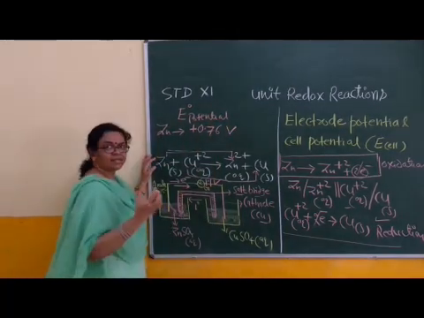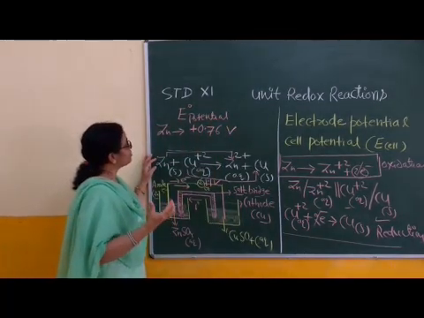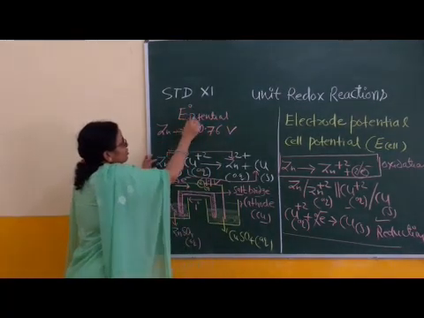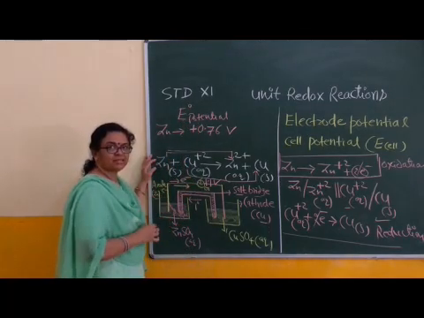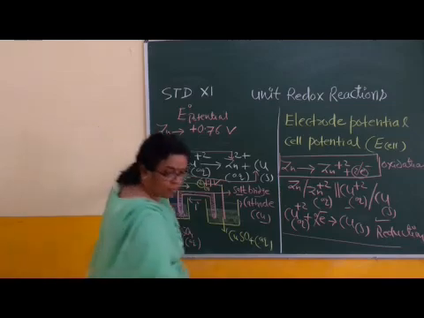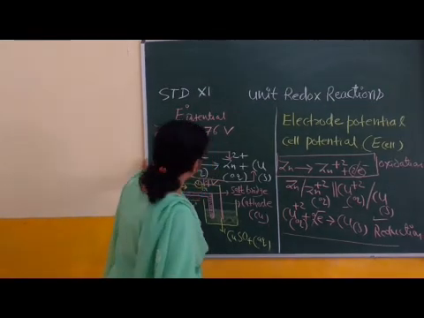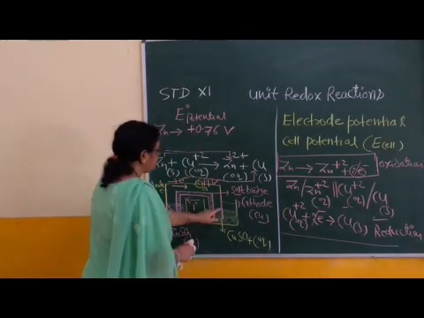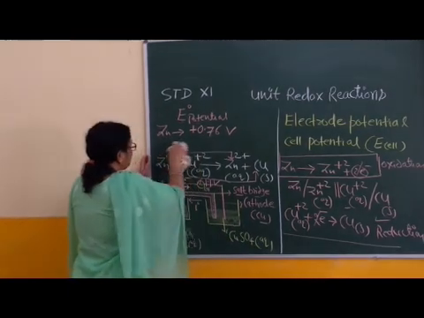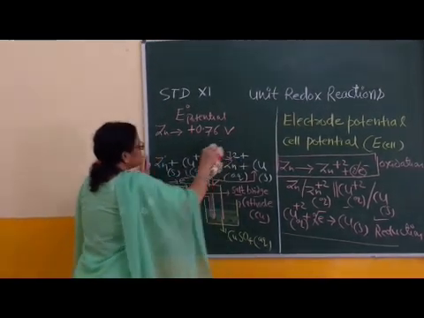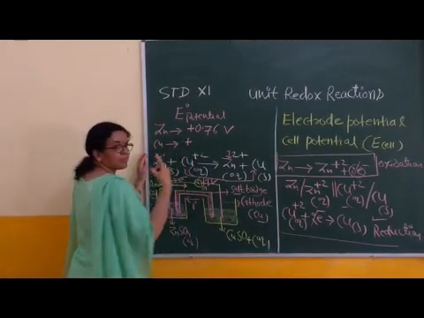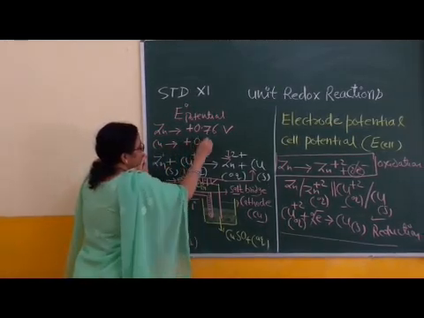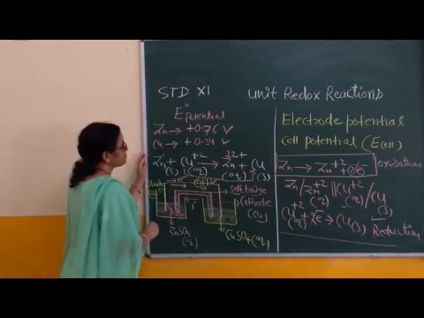This is not a cell, this is a half cell only. This is the oxidation, the standard oxidation potential. Right? The copper electrode potential is plus, plus means spontaneous, 0.34 volt. Right?